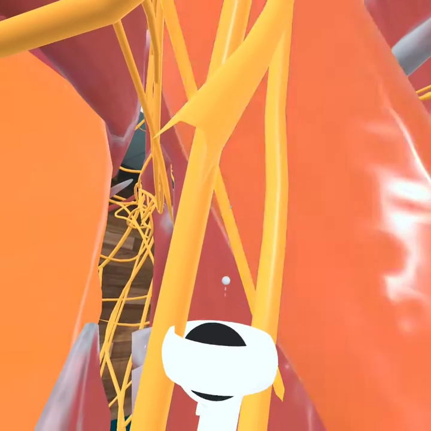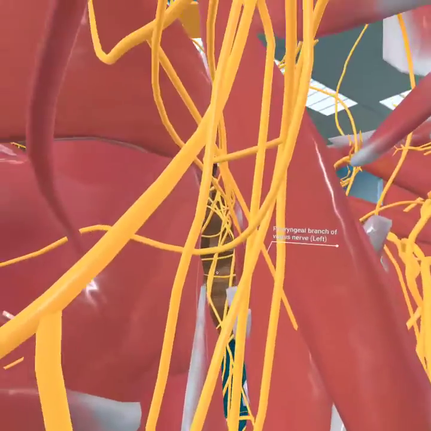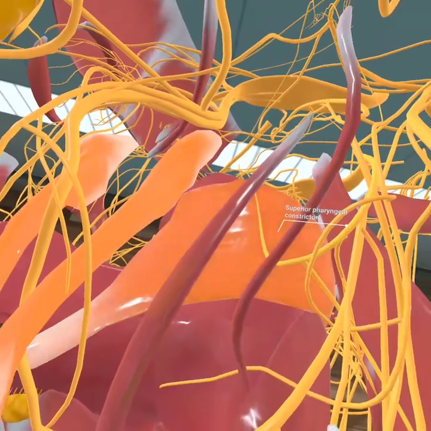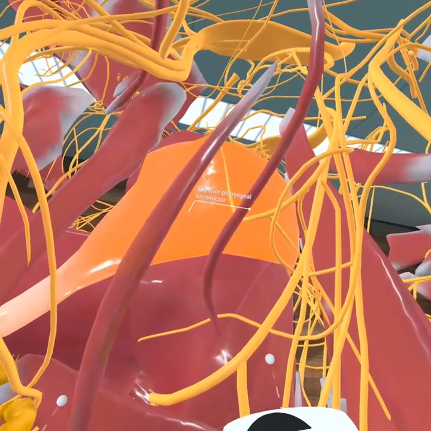Anyways, so we have our pharyngeal branch of the vagus nerve, and we will go backwards so we can see it much larger. It runs up here and innervates our superior pharyngeal constrictor.